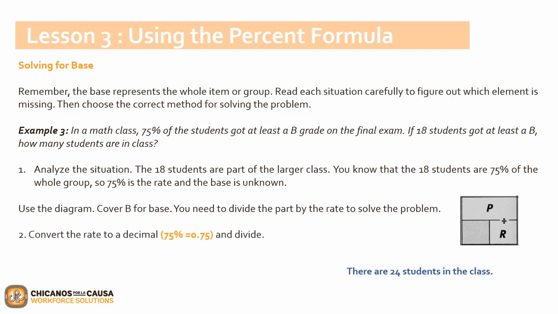Second, we'd convert the rate to a decimal. 75% equals 0.75 and divide. Once we convert the rate to a decimal and divide 18 by 0.75, it gives our answer that there are 24 students in the class.